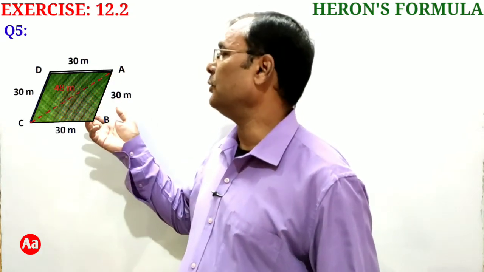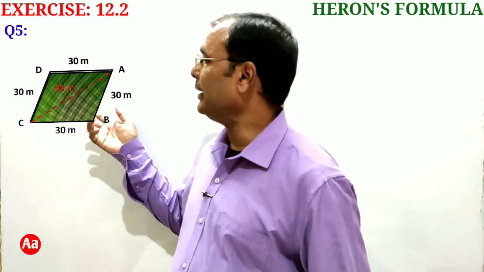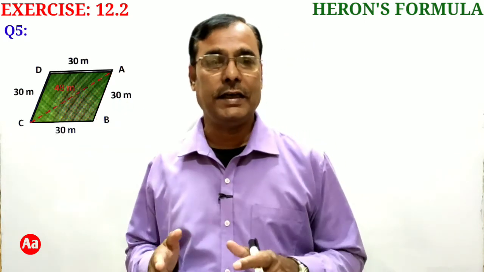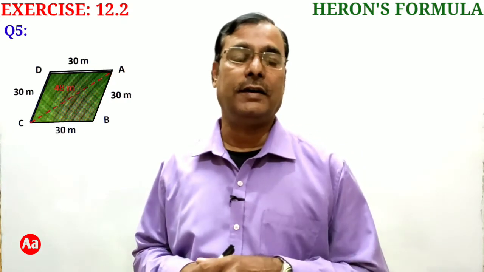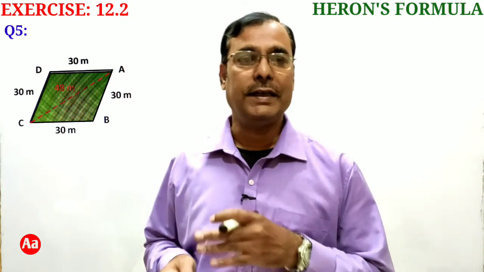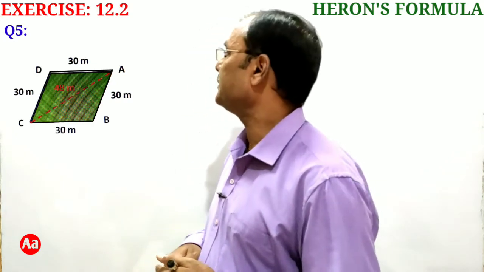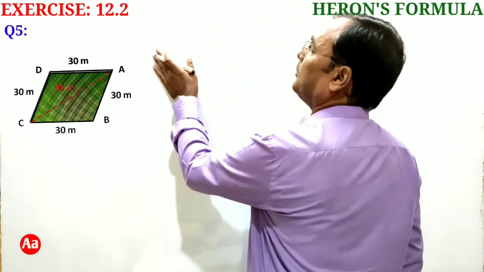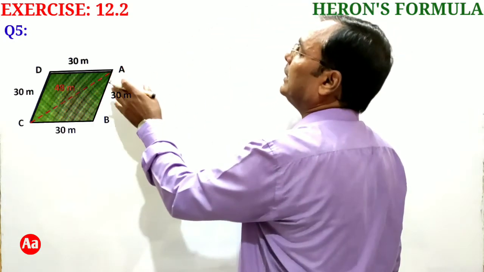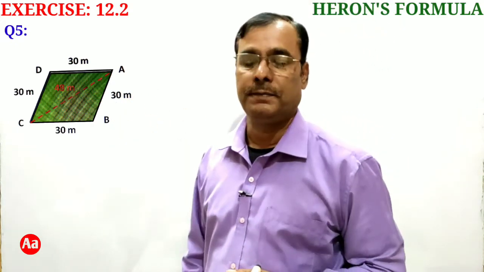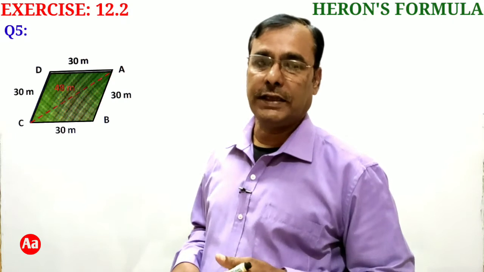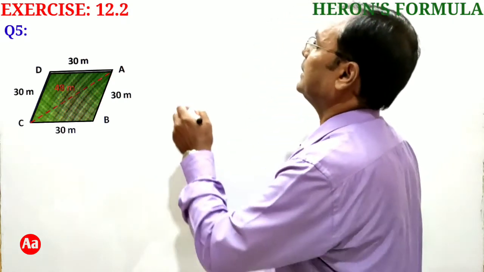If we can find out the area of triangle ABC, then the area of the grass field will be double the area of triangle ABC. So let's find the area of triangle ABC first, doubling which we can find the area of the rhombus shaped grass field ABCD.